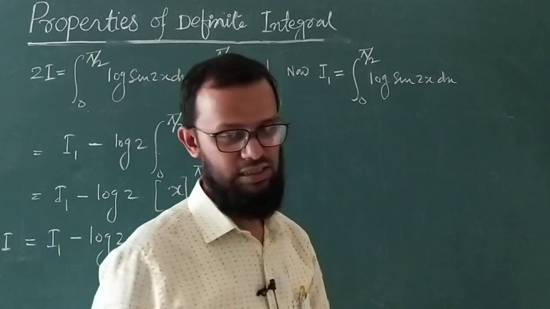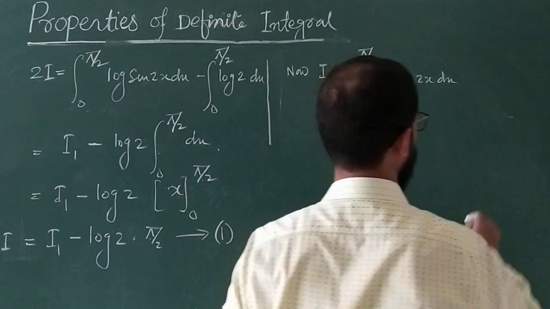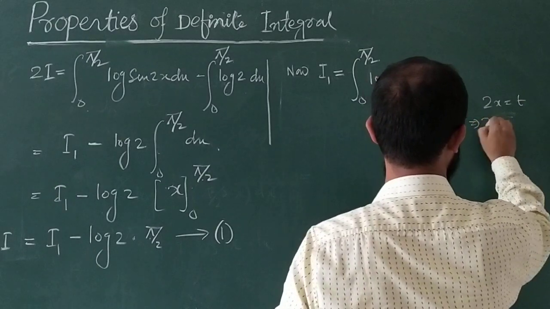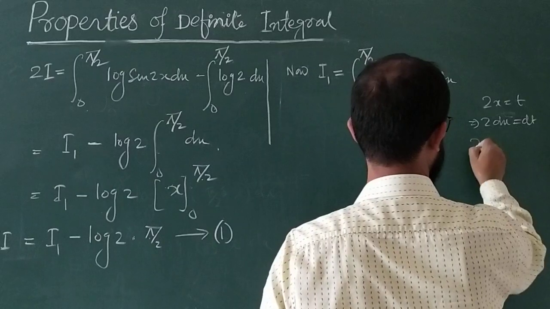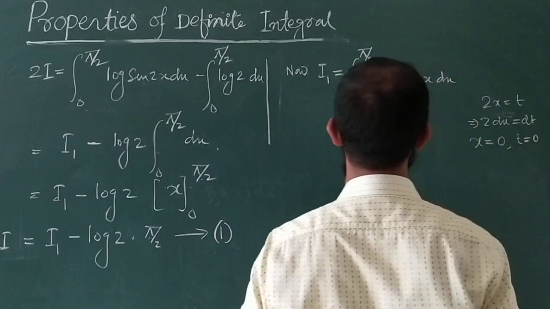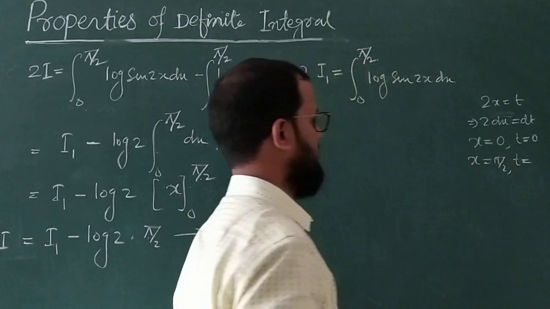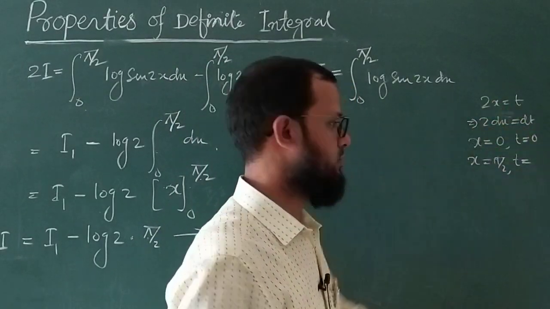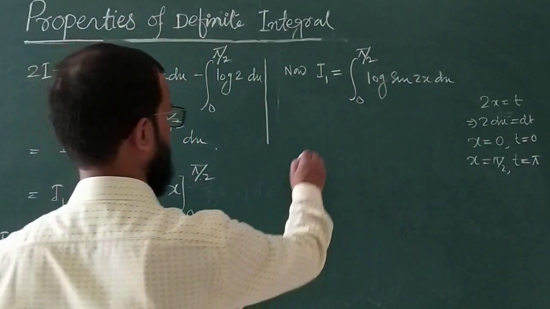Here we have twice x, and we have to make twice x into x. So we will use a little substitution. We will take 2x equal to t, then 2 dx equals dt, and dx is equal to dt by 2. The limit of x is 0, so the limit of t is 0. When x is equal to pi by 2, 2 into pi by 2 means pi, so t equals pi. Understood?